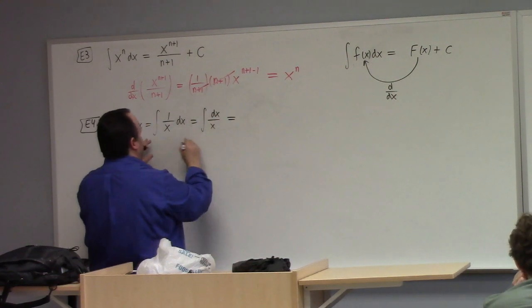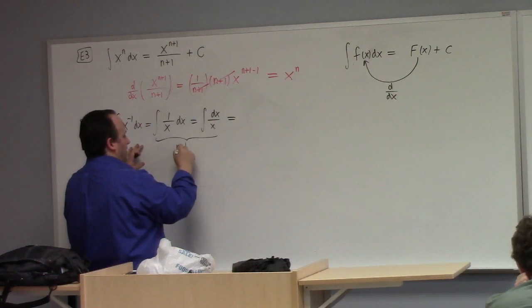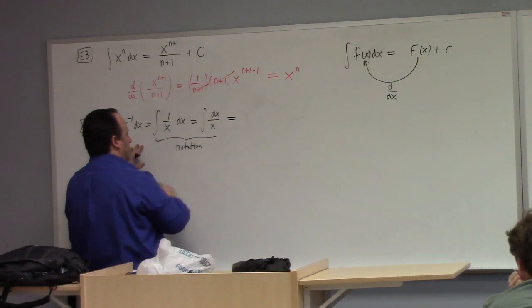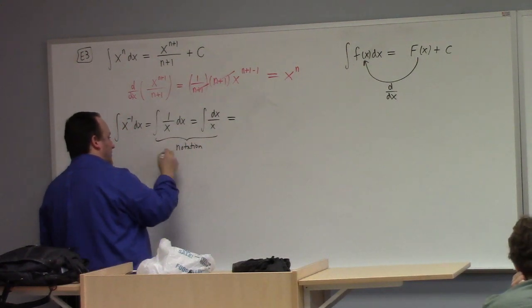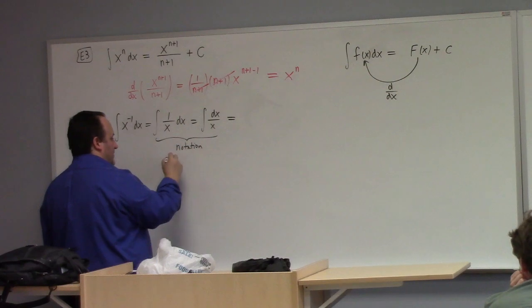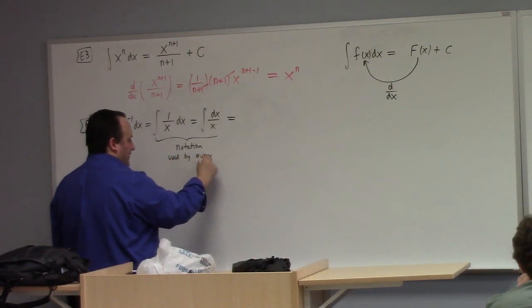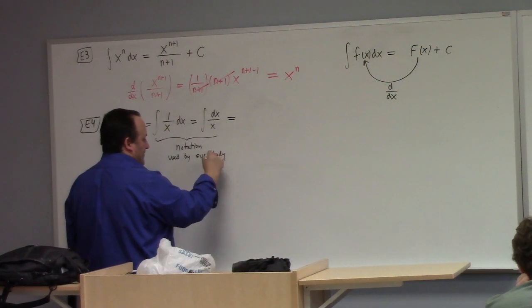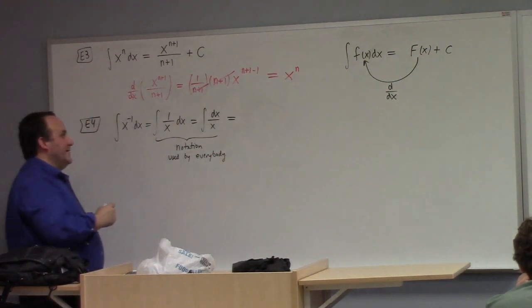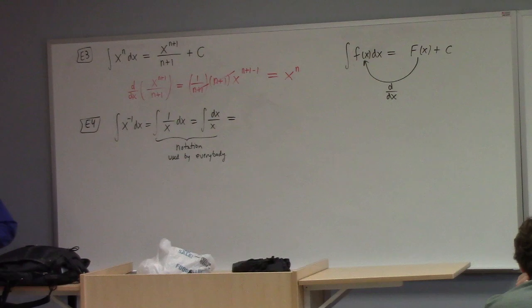That's just customary notation used by everybody. Anybody who doesn't use it, they're nobody. So anyway, what can you differentiate and get 1 over x? Natural log of x.